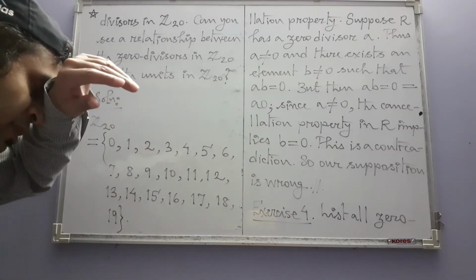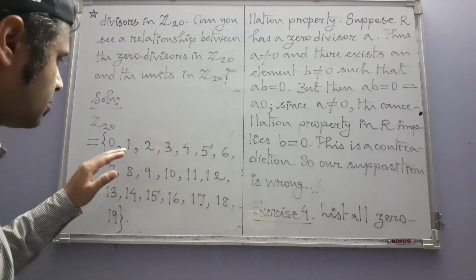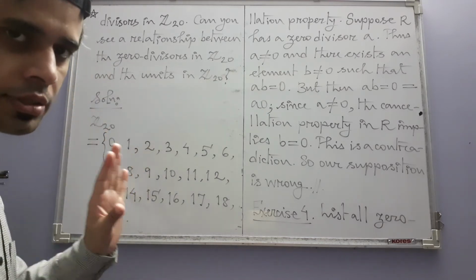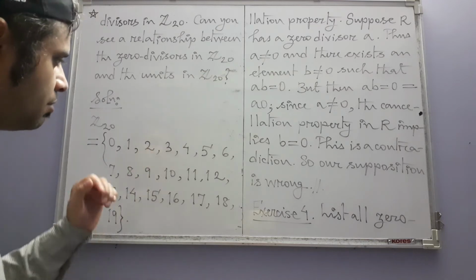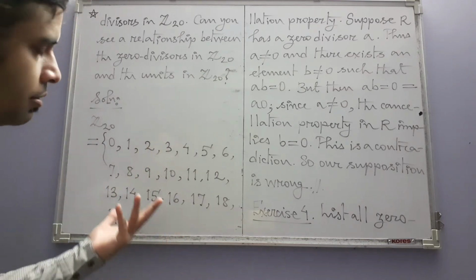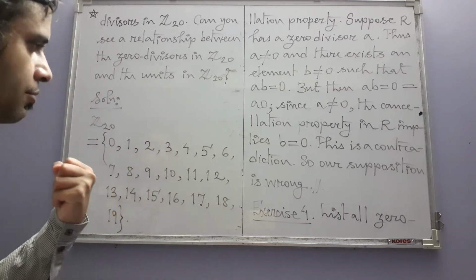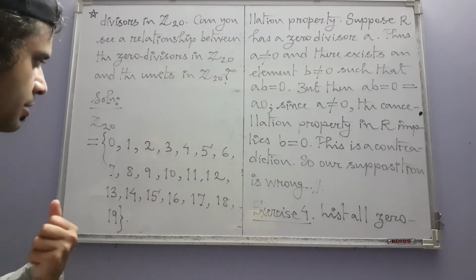Now the zero divisors are those which are of course non-zero and for which we will find another element so that the product of these two will give us 0.